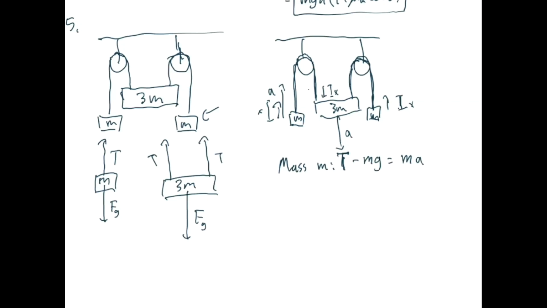Okay, and now for our mass 3m, there's going to be 2T upwards and 3mg downwards. And remember that this mass is accelerating downwards. So this has to be equal to -3ma.